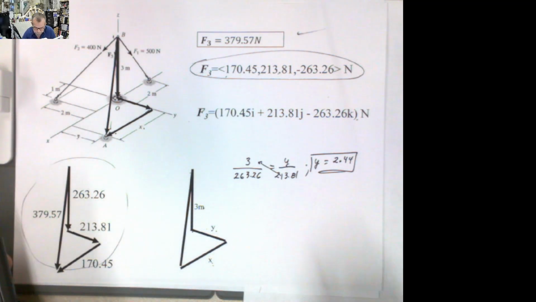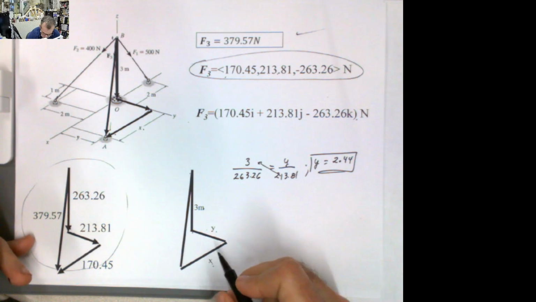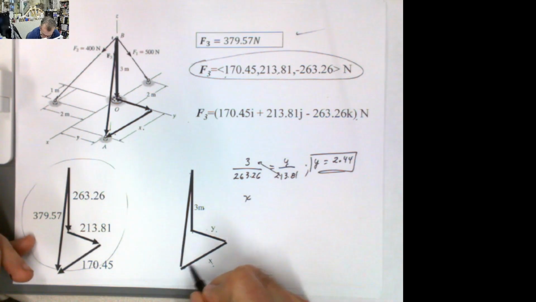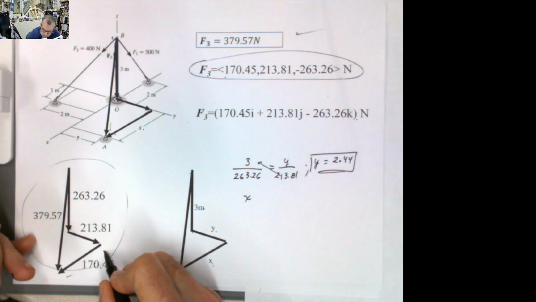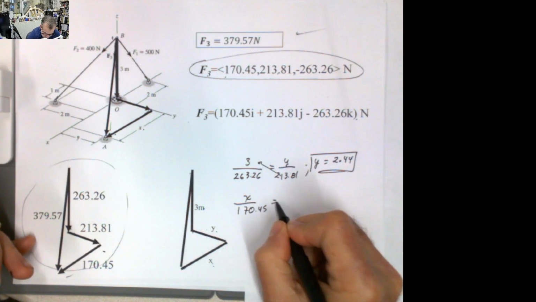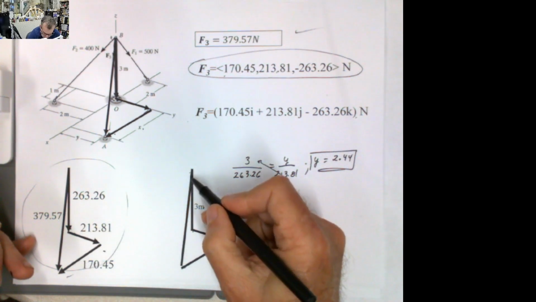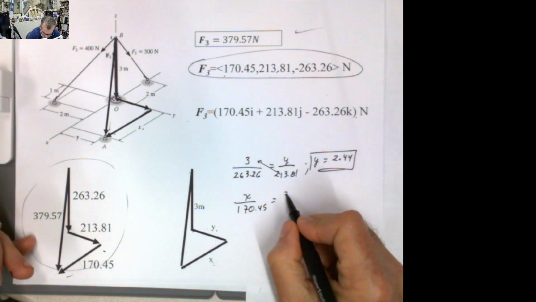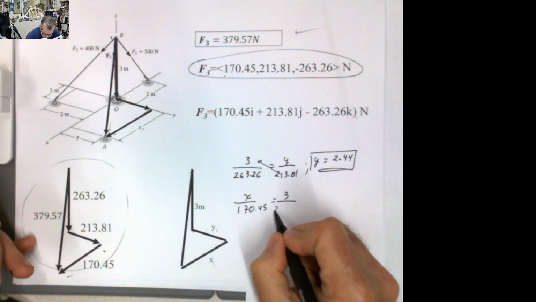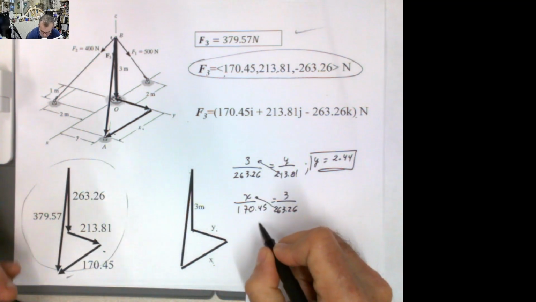And then in x, if you want x, well, then you can say x divided by this has to be the same as, now you can use this if you want to, this divided by that, or you can keep sticking with 3 and say 3 divided by 263.26, and then you pass this multiplying over there.